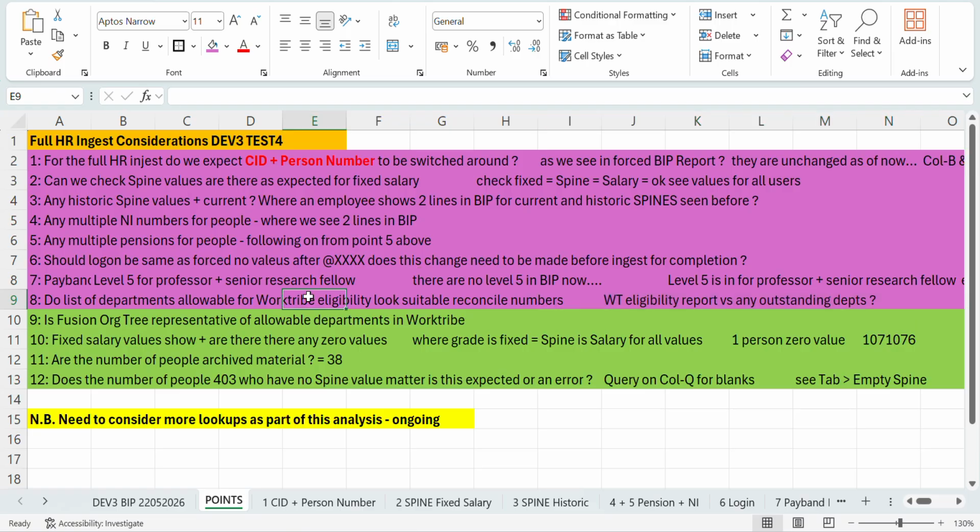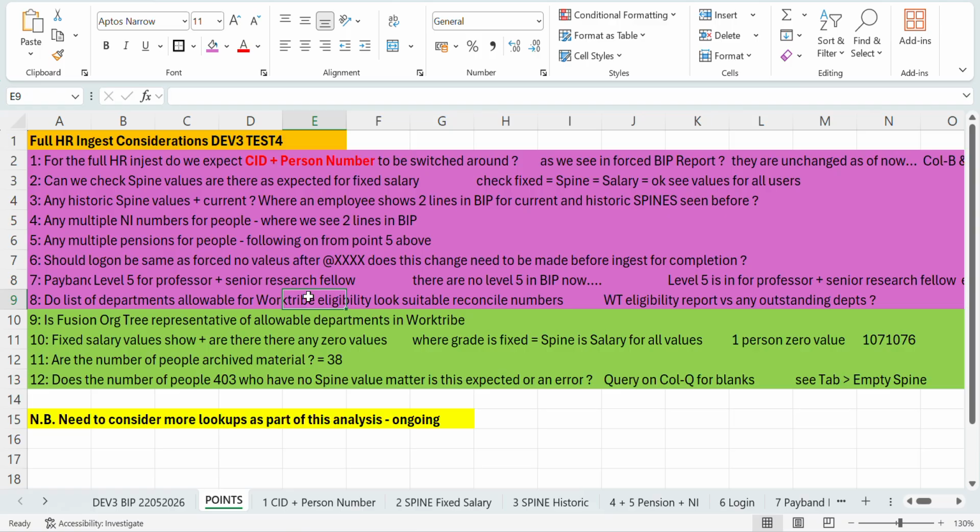So there are departments that are set up in HCM. There are departments, that's globally for the university, and then there'll be departments that are set up specifically eligible for costing from a Worktribe perspective, and it's those departments we want to get an idea of. Does that look reasonable from a Worktribe point of view?